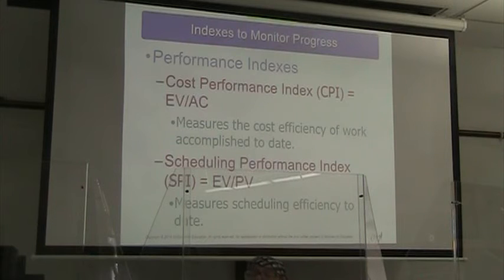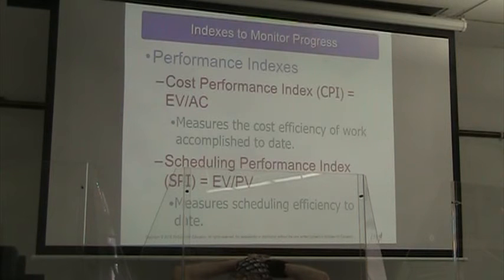All right, so of course we use indexes to monitor progress. There is no way in the business world of today that we're going to go without some kind of mathematical terms that we can measure ourselves against.